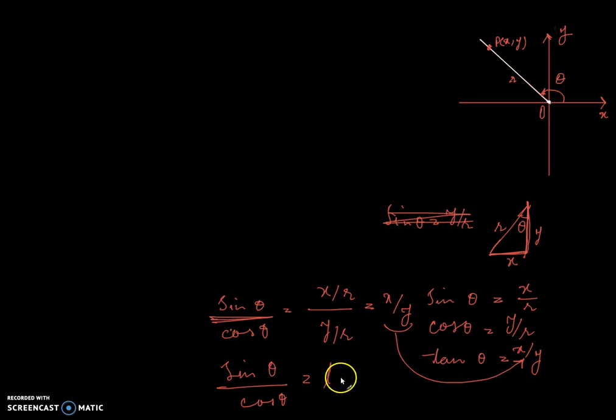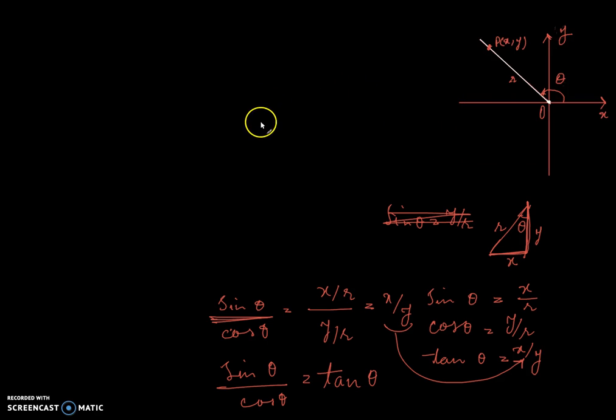So this is a relationship between the trigonometric functions, and this is basically called a trigonometric identity. Now there are a few of these trigonometric identities that you need to learn, and you need to know them in order to solve your problems.